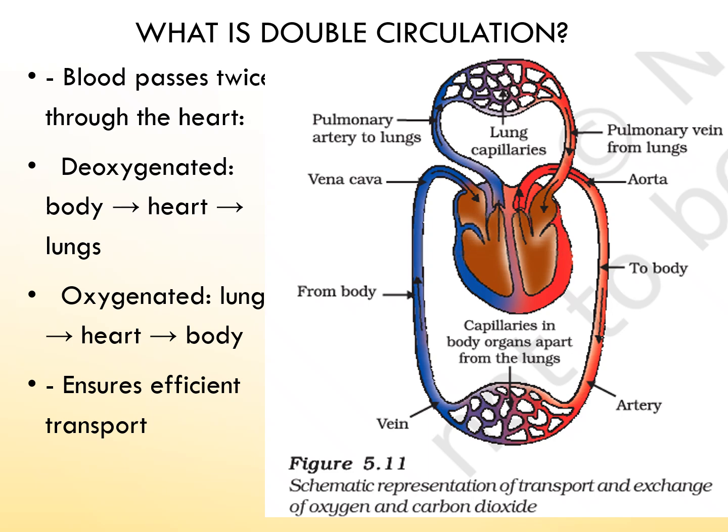Now we have this double circulation. I will show you with the help of arrows how this circulation works. So we have vena cava, which are of two types, superior vena cava and inferior vena cava.